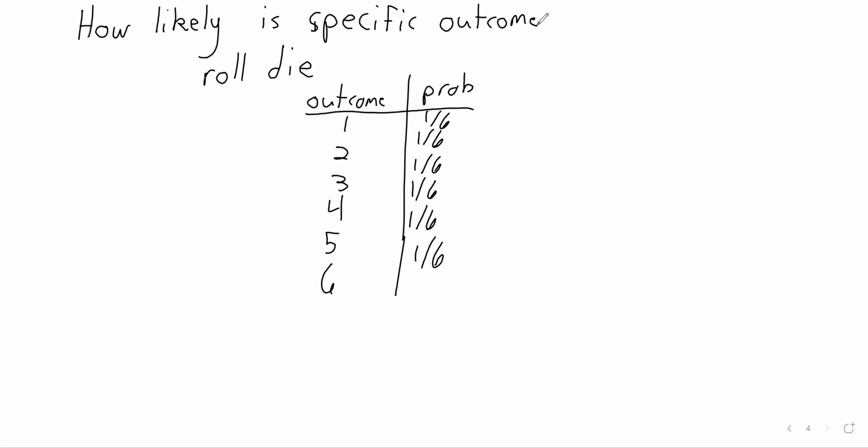Yeah, so because there are finitely many outcomes, because this is discrete, we can just name them all and we can name the probabilities. Now, this doesn't work for continuous random variables.